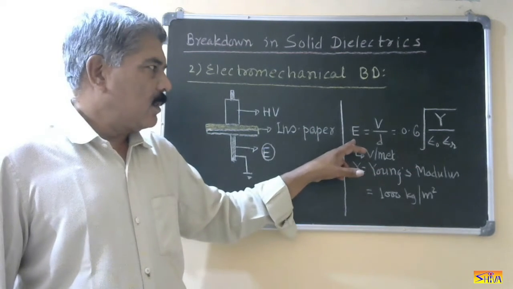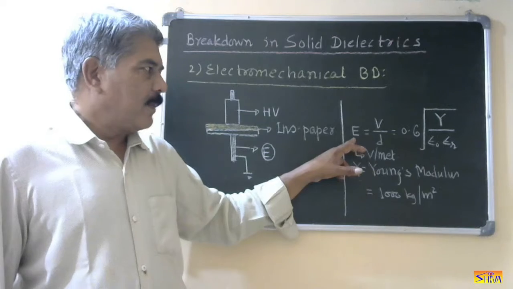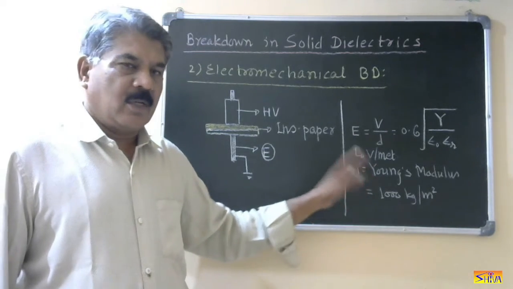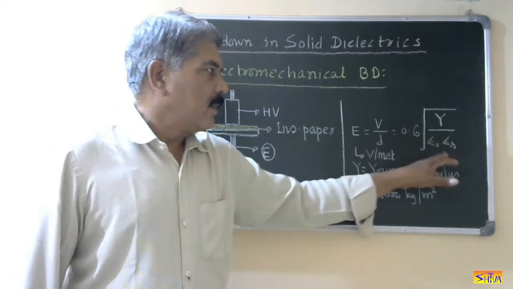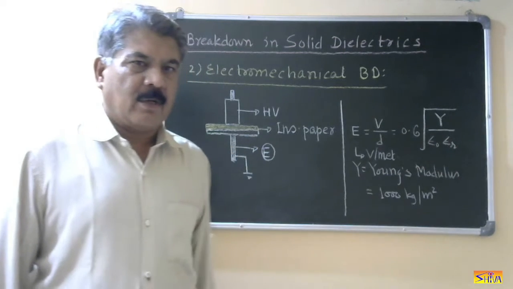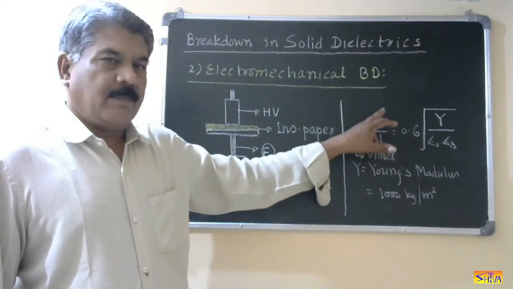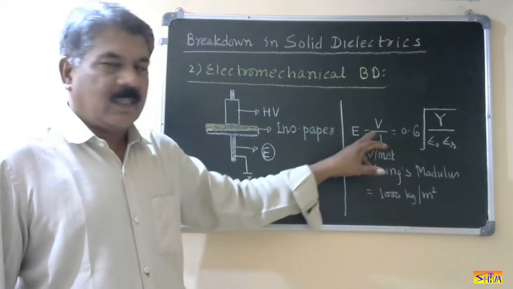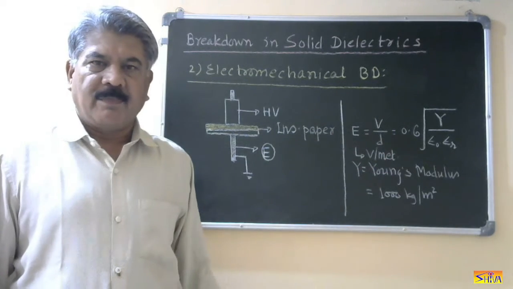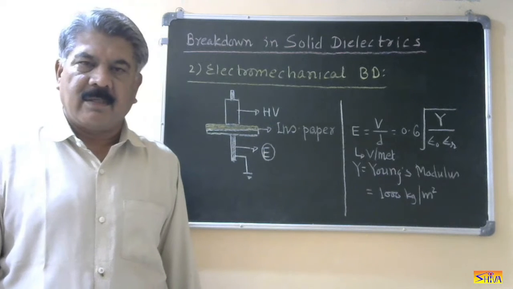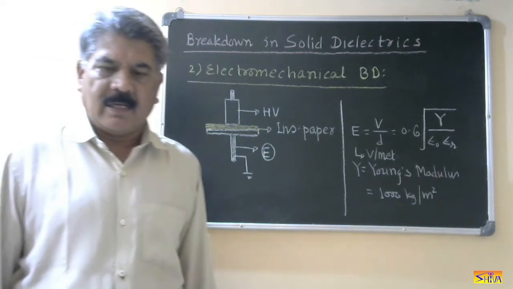So we can find out the electric field required to break down any insulation paper if we know its relative permittivity. From this, we can find out the breakdown voltage required for the corresponding thickness of the insulation paper. I will explain this by using a numerical.